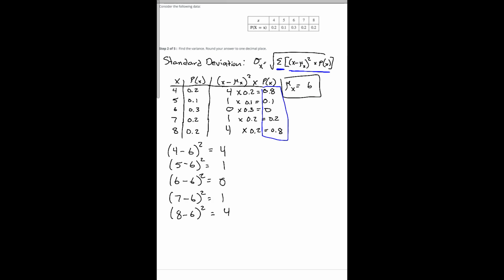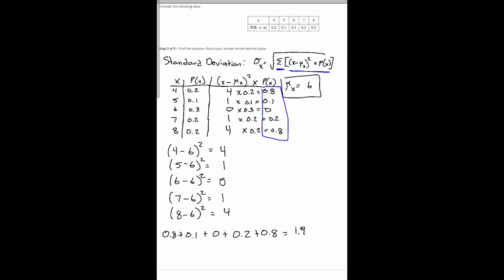So now, in this particular case, we have 0.8 plus 0.1 plus 0 plus 0.2 plus 0.8. That means we have 1.9.